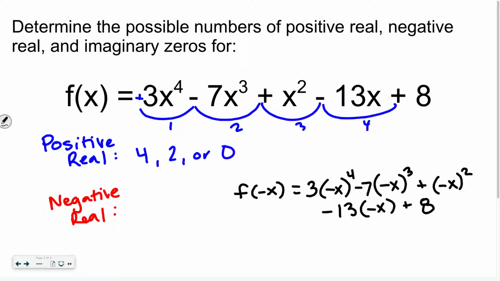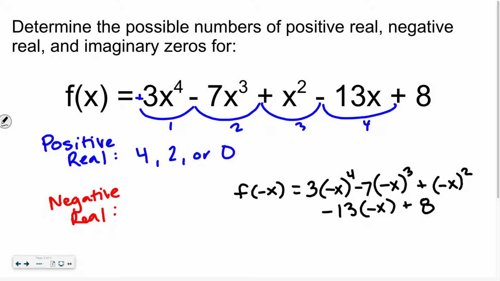Okay, so what we want to do right now is focus on patterns. For that very first term, 3 times negative x to the fourth: if you raise negative x to the fourth power, you're taking negative x times negative x, which is positive, times negative x, which is negative, times negative x, so it goes back to positive, right?